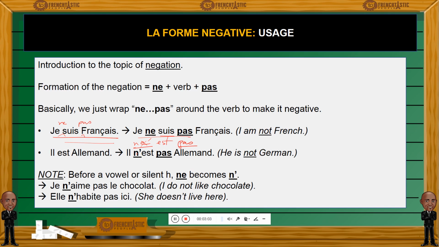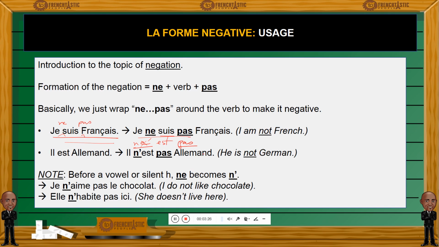If you have ne preceding a vowel, you will have to put an n apostrophe. If you have ne preceding a verb that starts with any other letter, then you keep ne, all right? No need to change. So il est allemand, il n'est pas allemand. He's not German.